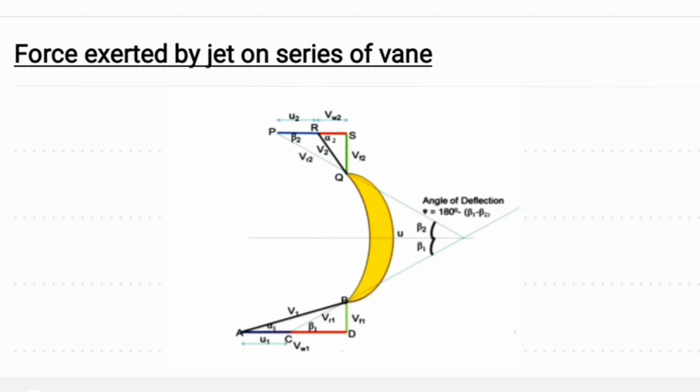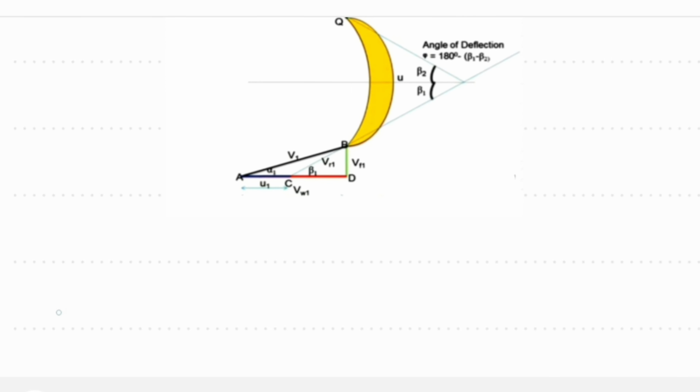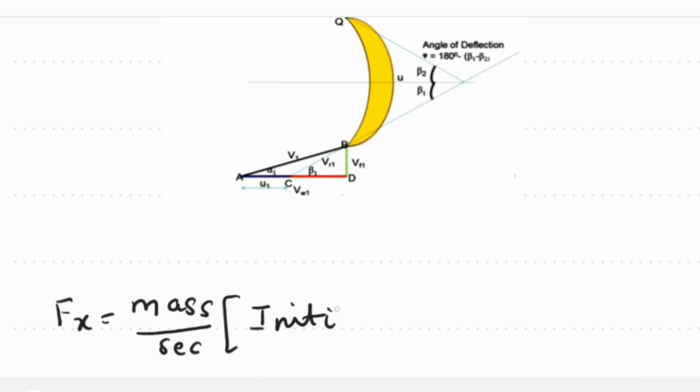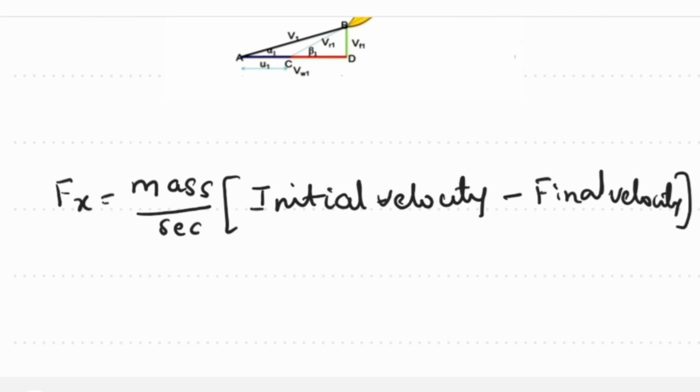Let us derive the expression for force exerted by jet on series of vane. So that is Fx is equal to mass per second into initial velocity minus final velocity. So what is mass per second?